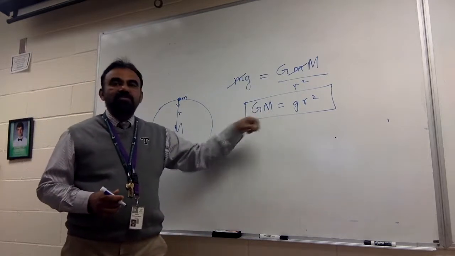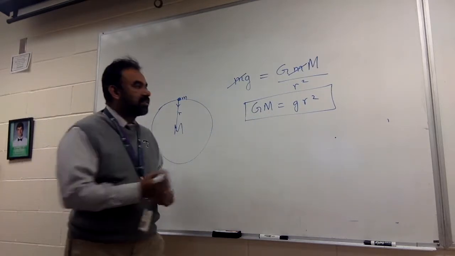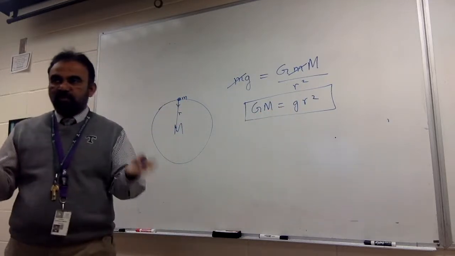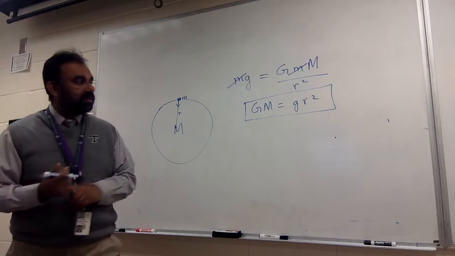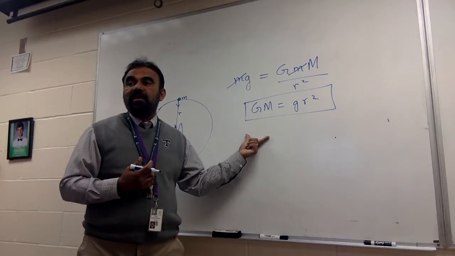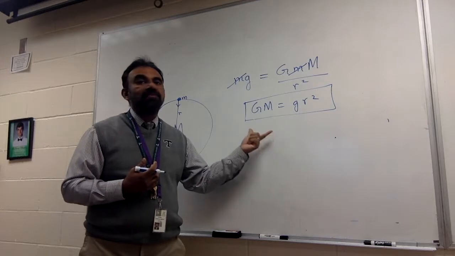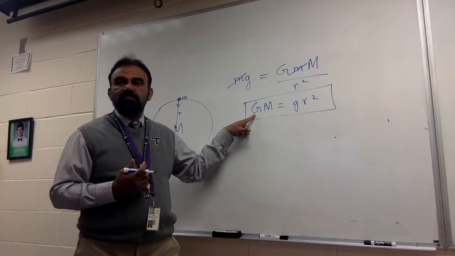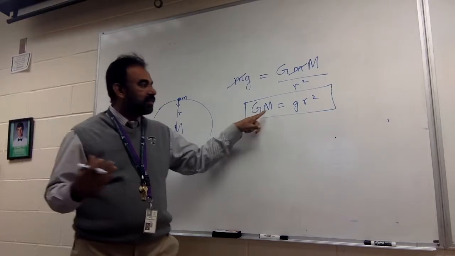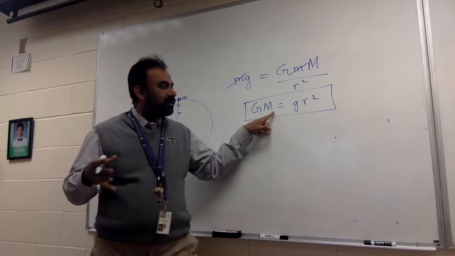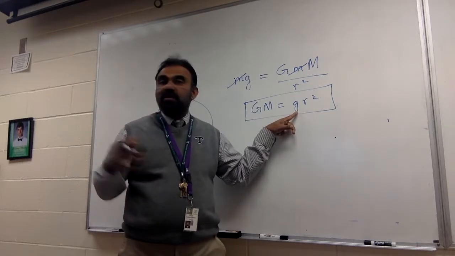So, what does this mean? This is a relationship between capital G and small g. The connection between small g and capital G is this. Now, this is an equation that you can apply to any planet, any star. What is capital G? 6.67 times 10 to the minus 11. What is this M standing for? Mass of the planet. Big mass. What is the small g standing for?